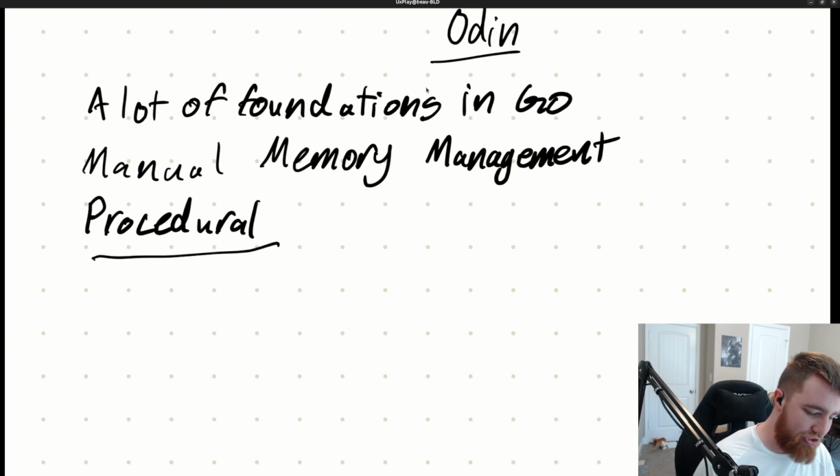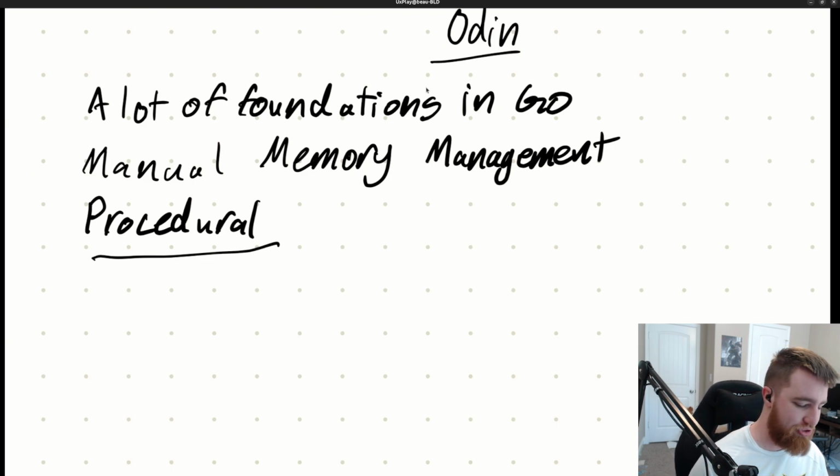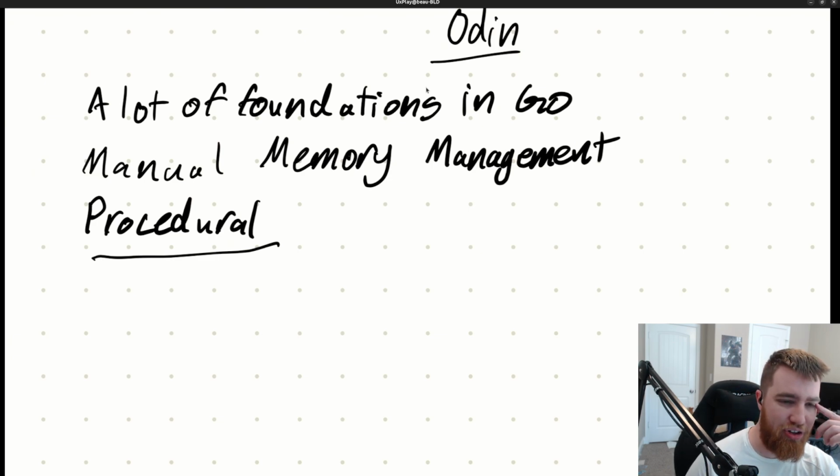So I picked Odin, and over the past week and a half or so, I've been reading the Odin book. This is actually third party to Odin, right? It's, I believe, one of the contributors who wrote it, but it's not the creator of Odin who wrote it.